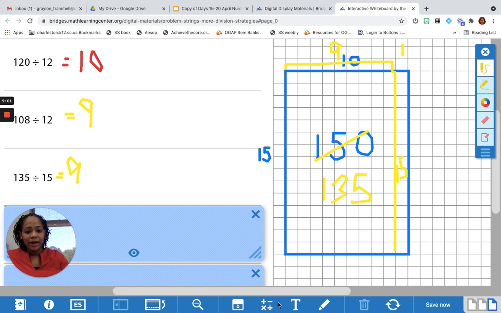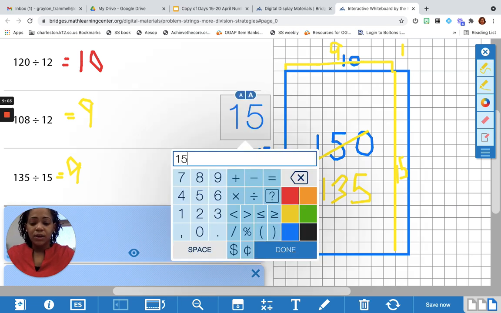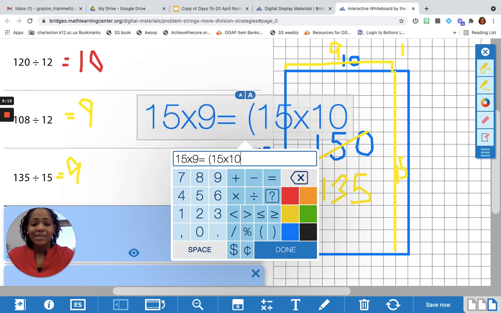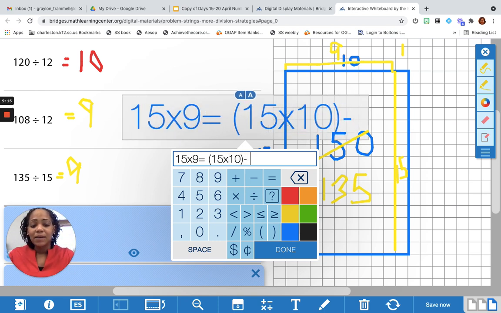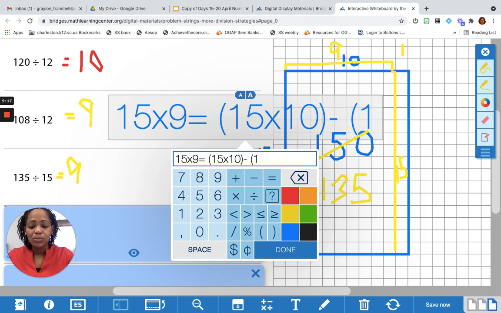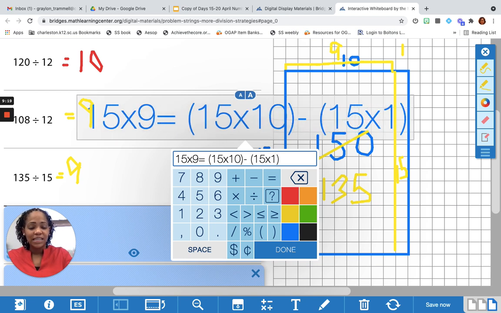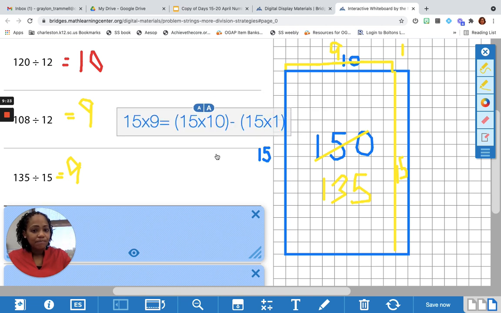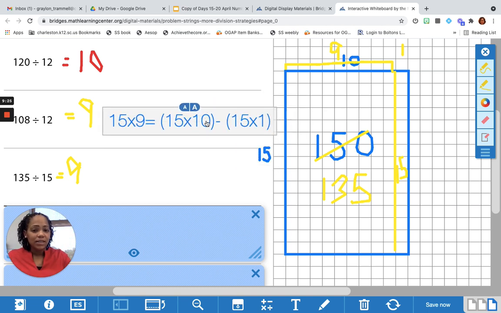How do we figure it out? I'm going to write out our equation. Instead of doing 15 times 9, because again, we're thinking about division as multiplication, I am thinking about 15 times 10, but then I am subtracting one group of 15. Do you see that? Looks just like what we did a second ago, right? So, connecting it to multiplication.